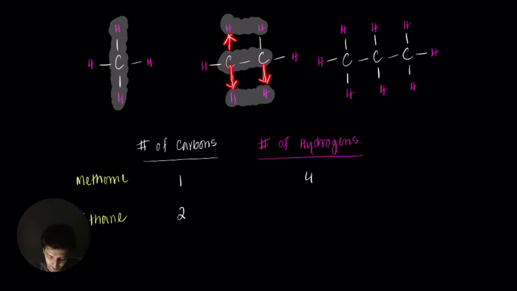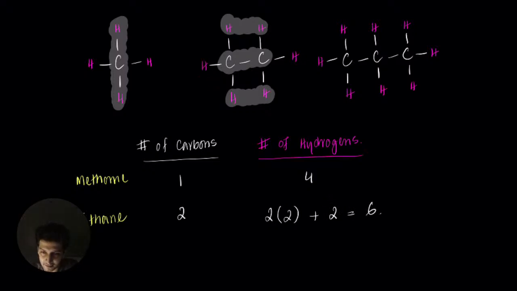So there are 2 hydrogens on the top and bottom, plus there are 2 hydrogens on either side, right? 2, which equals 6.